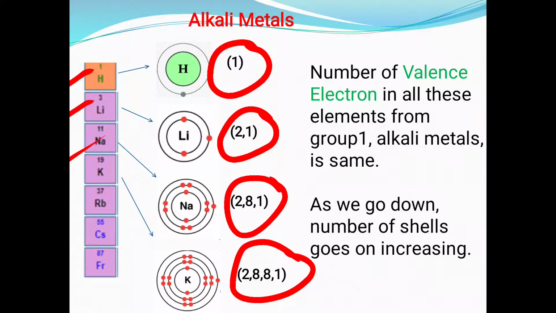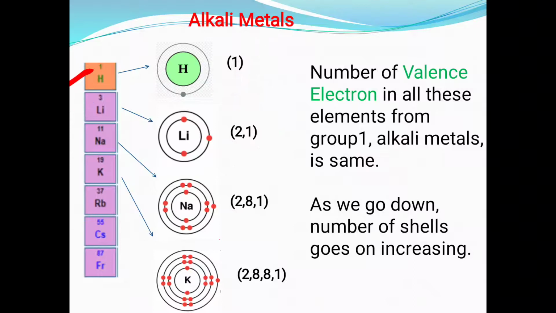If you compare the electronic configuration of all these elements, you will find that the valence electron in all of them is 1. That means they have only 1 electron in their outermost orbit.